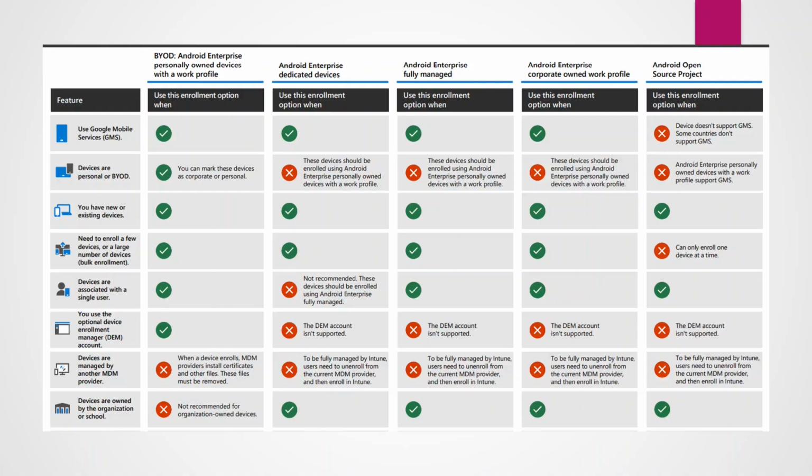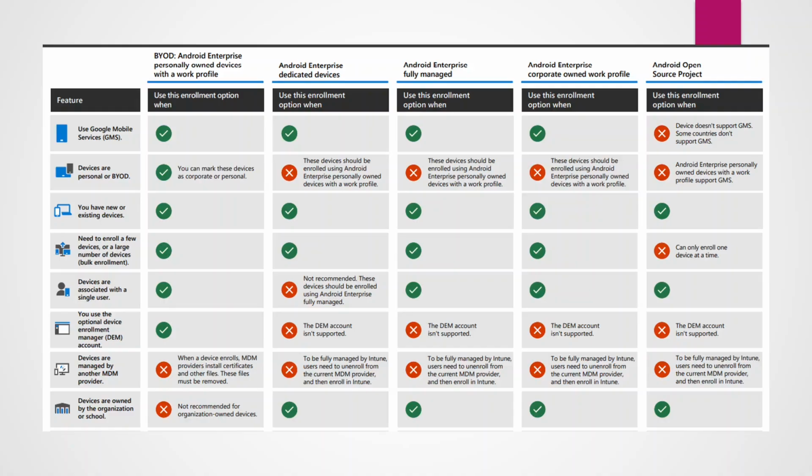The third one is the Android Enterprise fully managed devices. Then we have Android Enterprise corporate-owned work profile. And the last option is the Android Open Source Project. Each one is designed for a different ownership and a different usage scenario. Let's start with the first one.